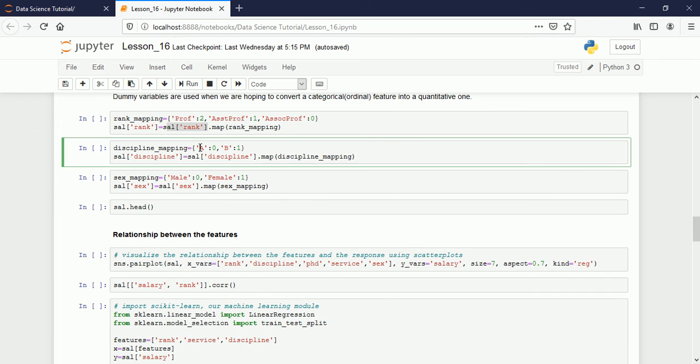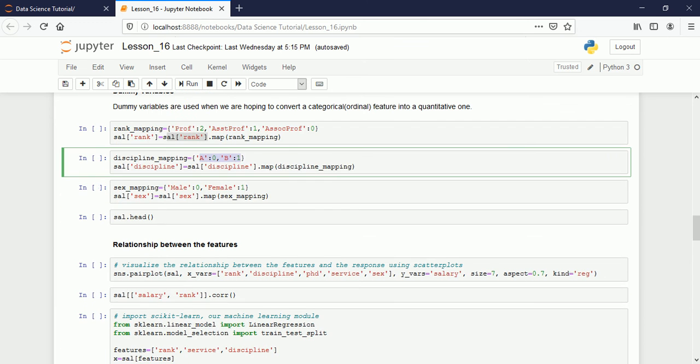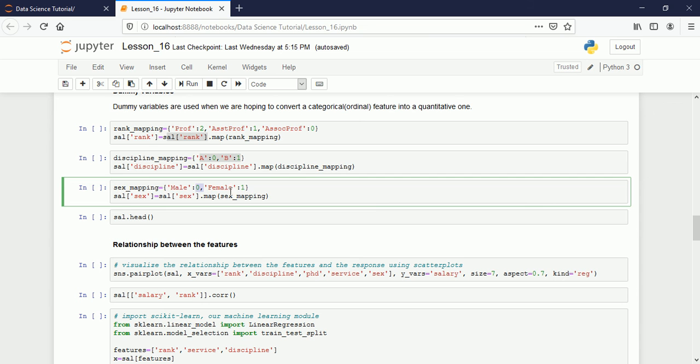I also want to convert the disciplines from A and B to 0 and 1. Here we have 2 disciplines, one is B and another one is A, and I'm going to convert them to 0 and 1. And I want to convert the sex also, for male 0 and for female 1.